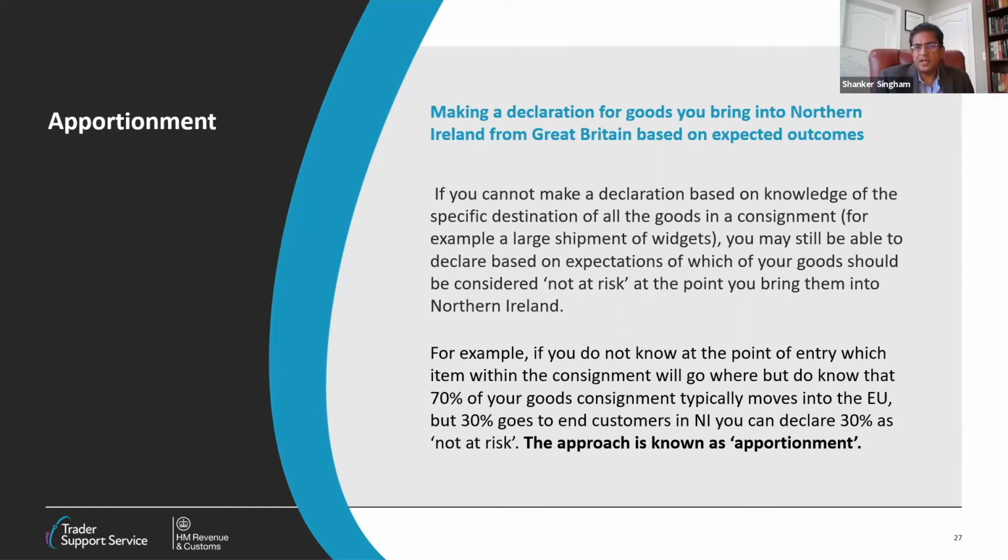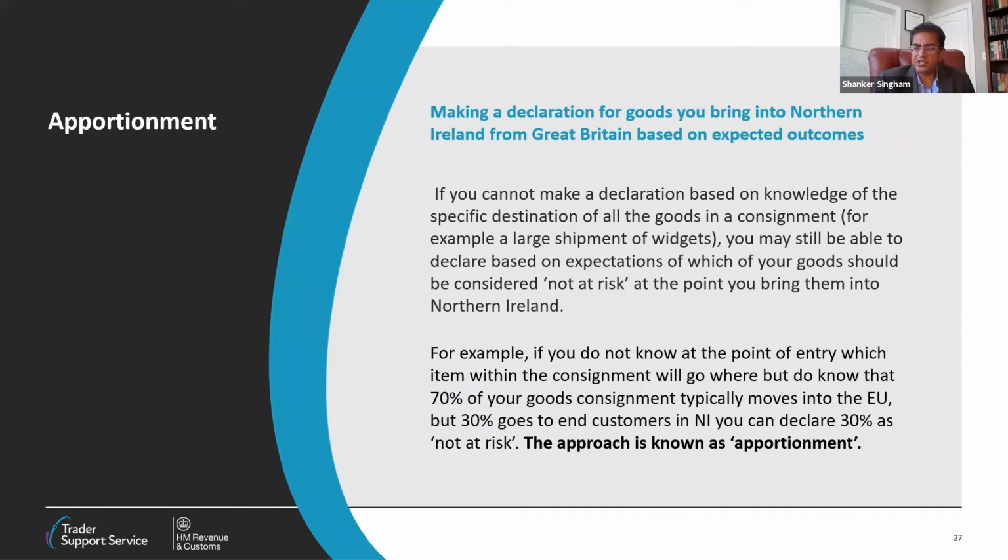It doesn't matter so much what the percentage is; what matters is that it doesn't really change. It doesn't have to be exactly the same every year, but typically within 10%. So if it's 70% staying in Northern Ireland one year and it's 73% or 75% the next year, that's not going to prevent you from using apportionment.